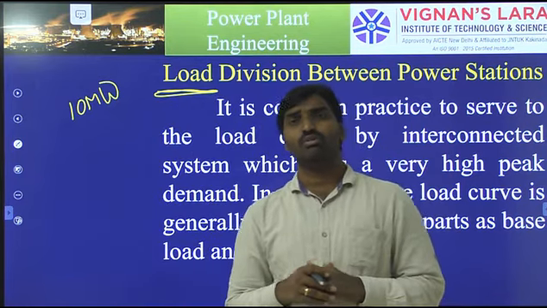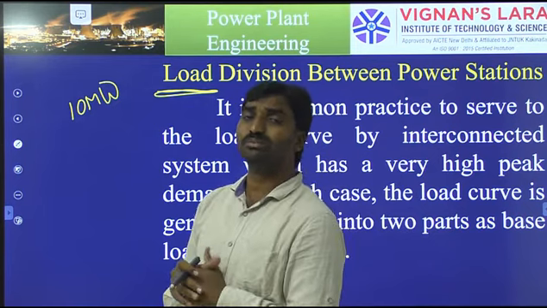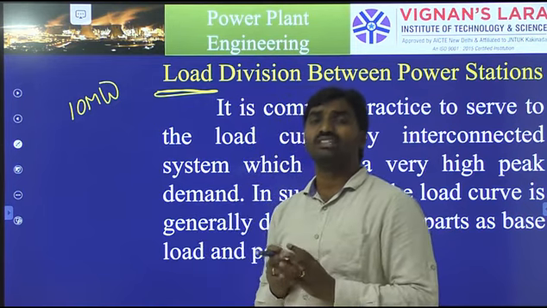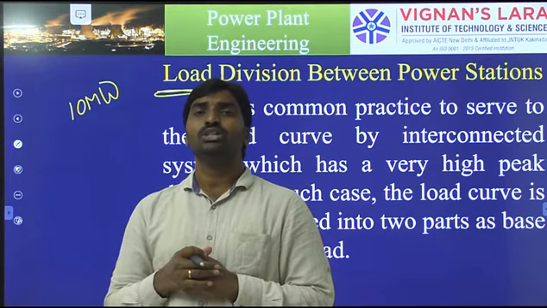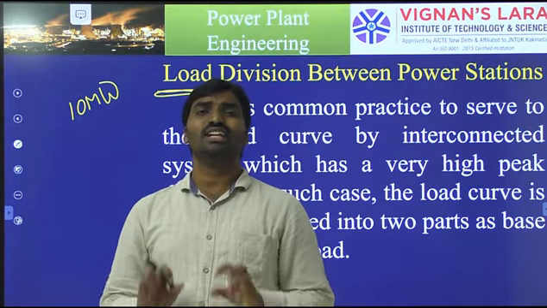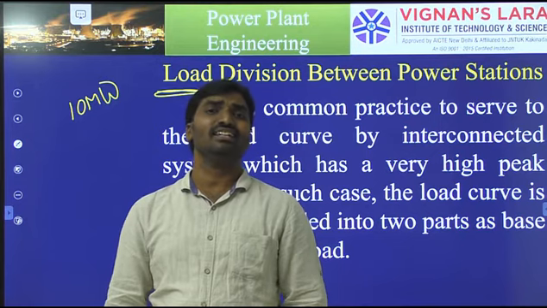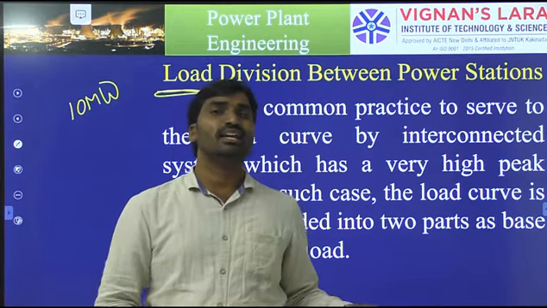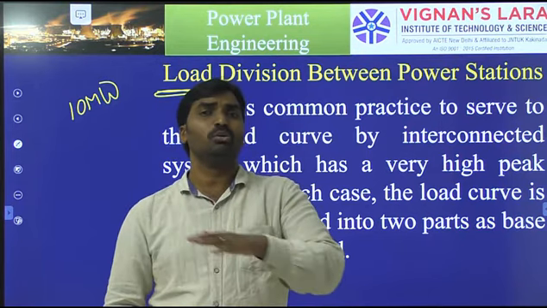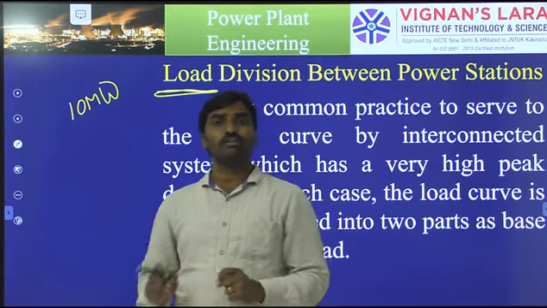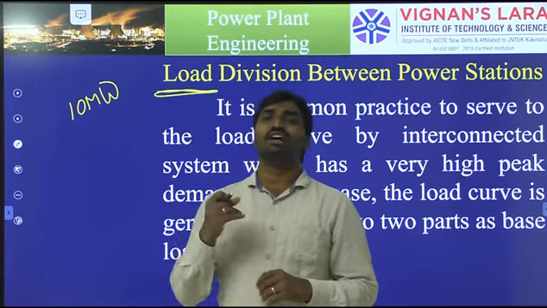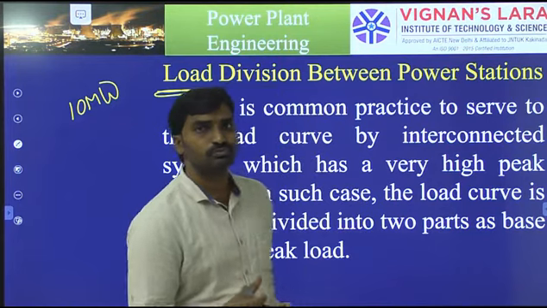Mainly we have two types of power load: one is the base load and the second is the peak load. What is meant by base load? The base load is required in a mandatory condition throughout the day, throughout the month, throughout the year. We need a minimum requirement of power, and that is known as the base load.